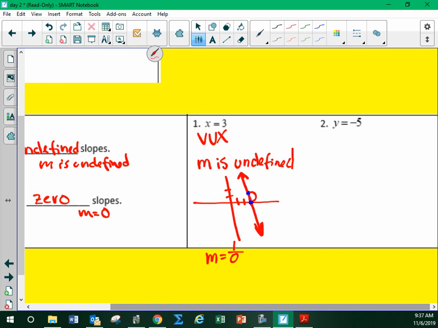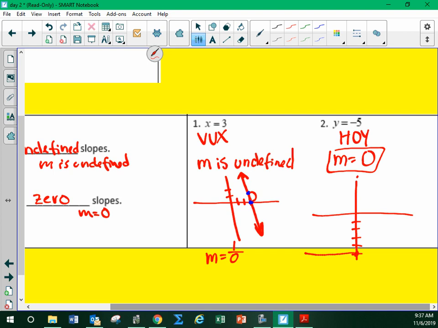Right, now for this one, this is HOY, because it's y equals. What is our slope for a y equals? 0. And if we take a look at this graph, let's go to y equals -5, 1, 2, 3, 4, 5. It's a horizontal line at -5. When I go to do my slope here, let's just use this point and this point.